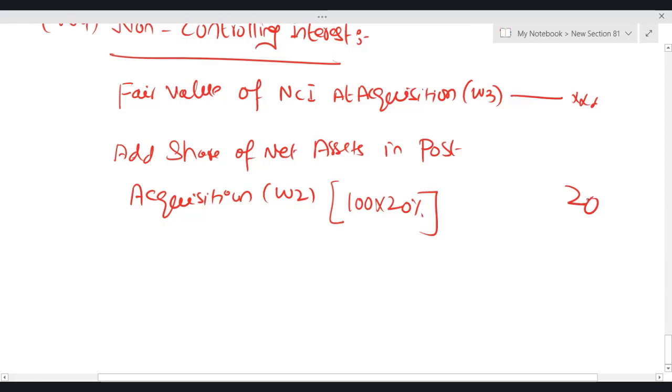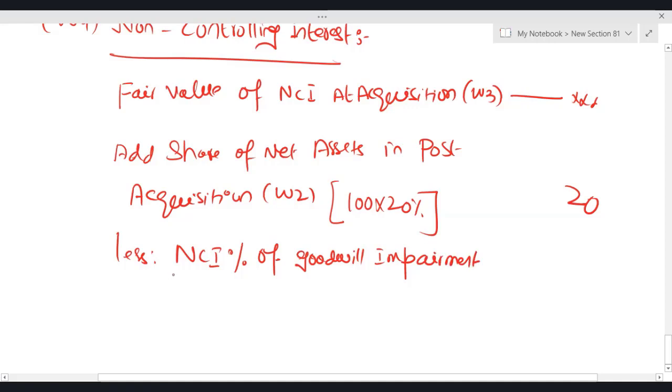Now, if it is a full goodwill method, and there is an impairment loss, then less NCI percentage of goodwill impaired. It is only applicable if the question is on full goodwill, because in case of full goodwill, we know that one portion of the goodwill belongs to the parent, another belongs to the NCI.